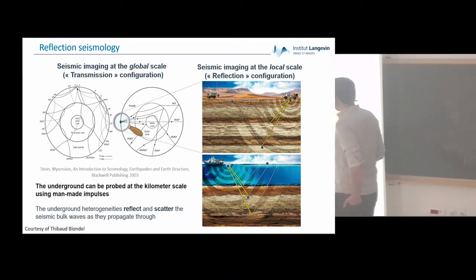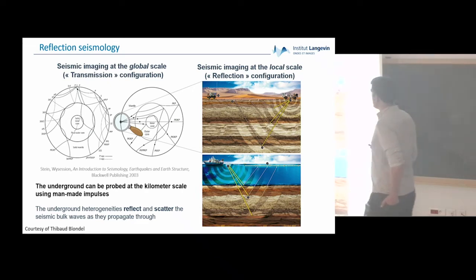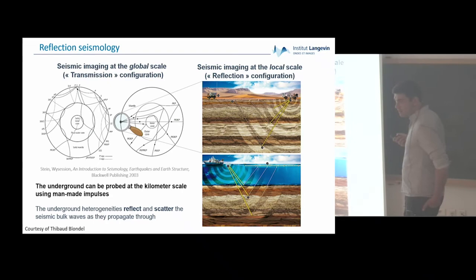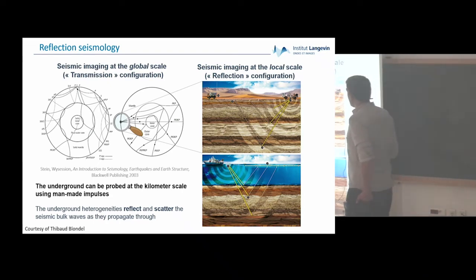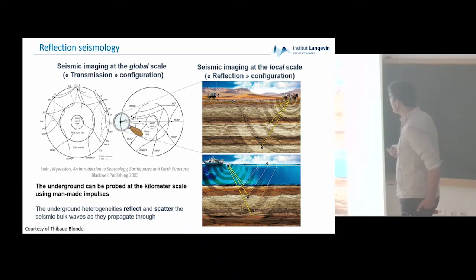But here, I will not consider these configurations that I call transmission configuration, but I will consider the reflection configuration that has been used in seismology more at the local scale, okay, where you are using some man-made seismic impulse to probe the Earth at over 1 kilometer depth, typically.